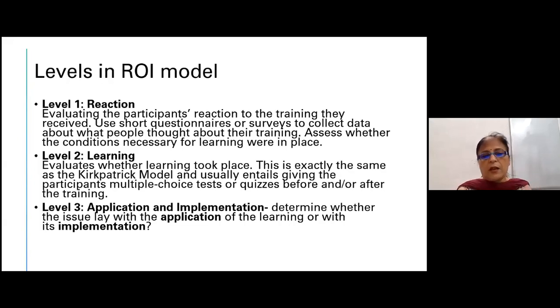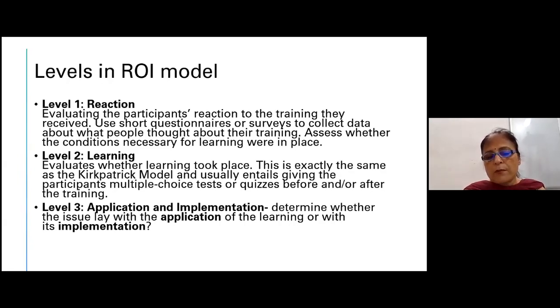Then level 3 is the application and implementation level. The Kirkpatrick level calls it the job behavior level. So application and implementation determines whether the issue lay with the application of the learning or with its implementation.